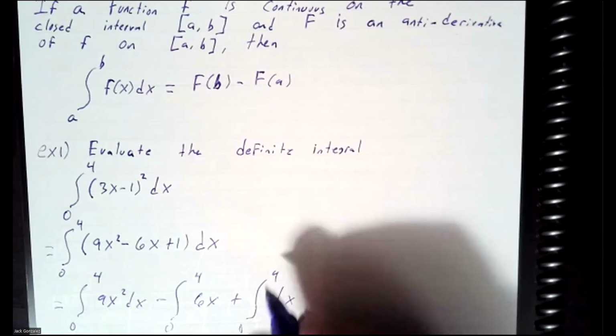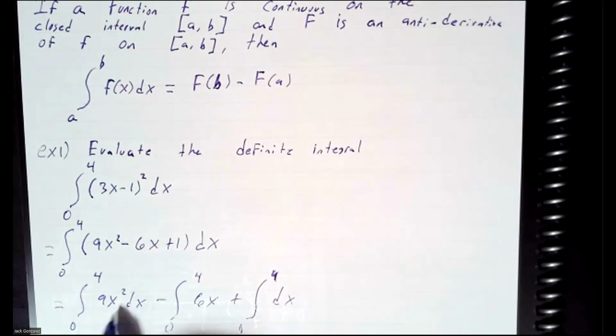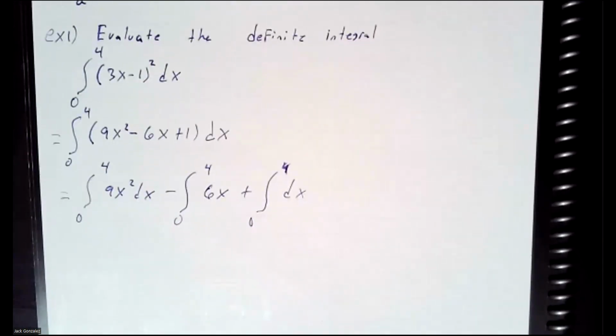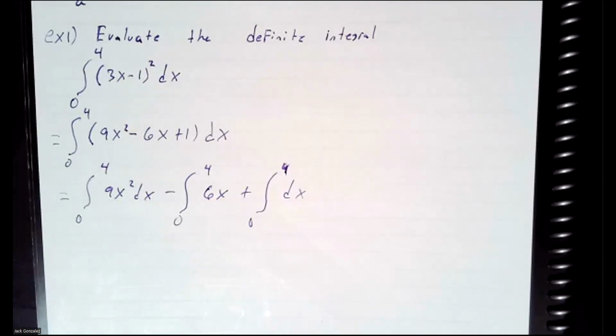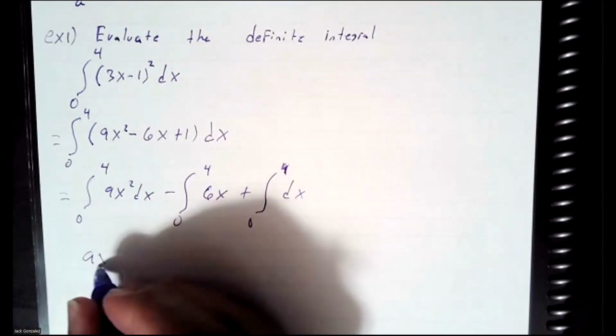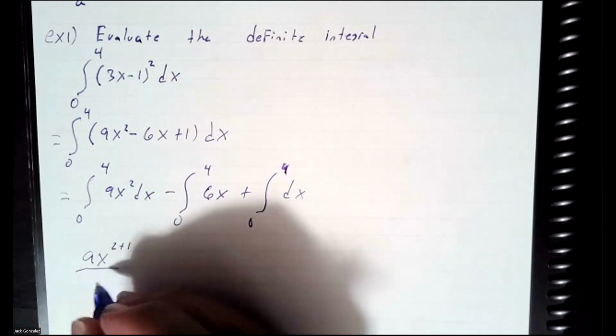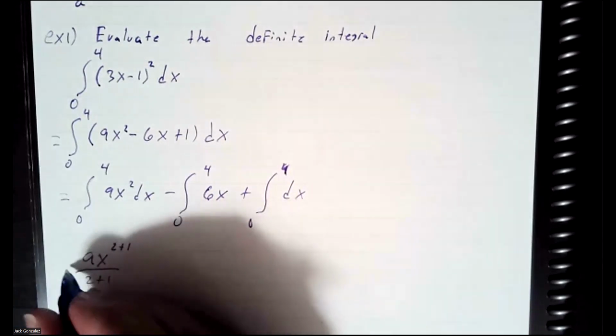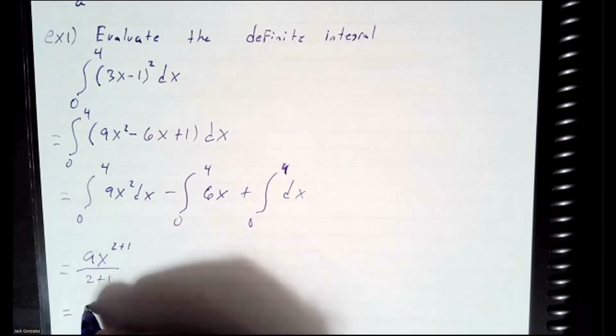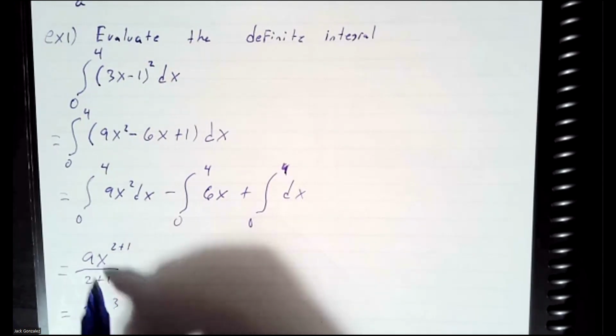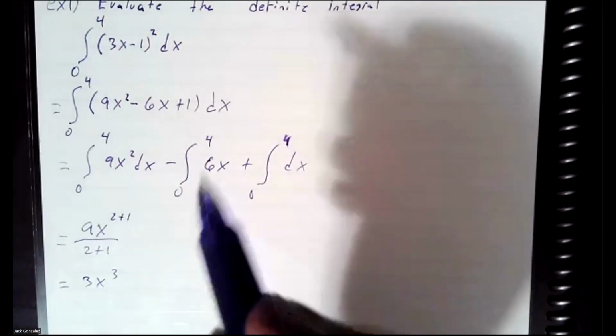So what is the first integral of 9x squared? Are we doing the reverse, the antiderivative? Yeah. Then it would be 3x to the third power. So this would just become 3x cubed because this would be a 3 dividing into the 9. Correct. Okay.